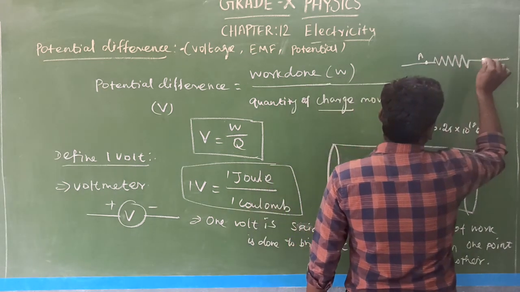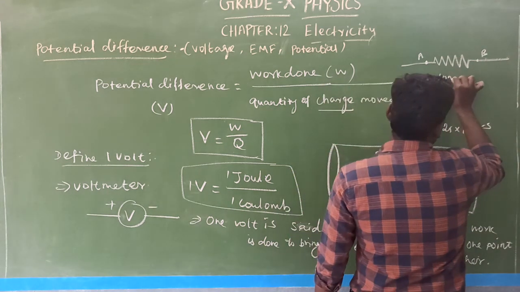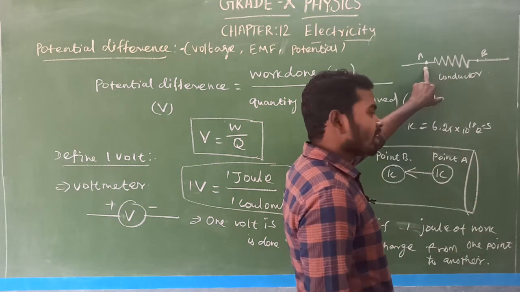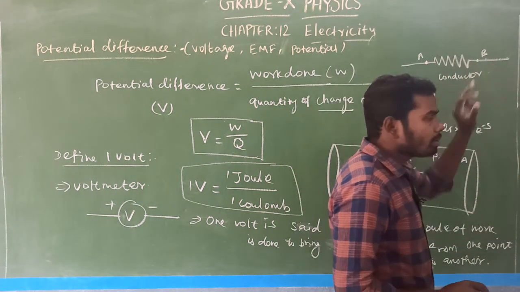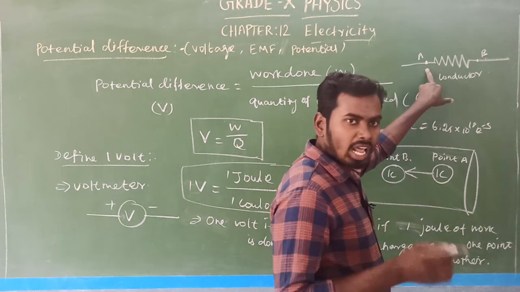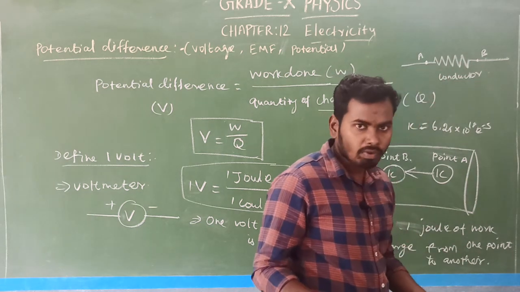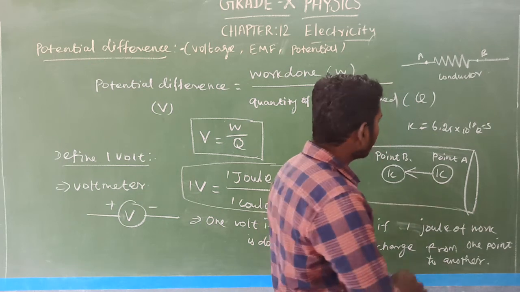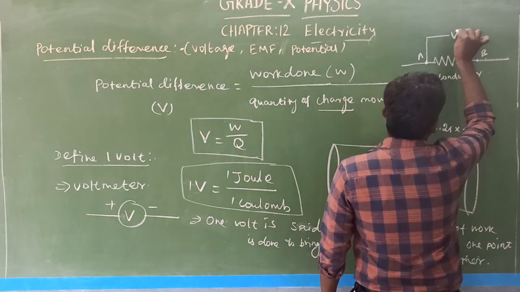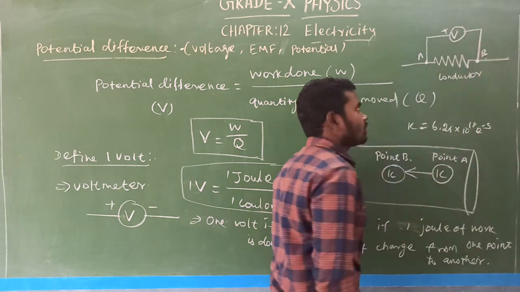This is point A, terminal A, and this is terminal B. Point A is one terminal of the conductor and point B is another terminal. At point A there will be one potential and at point B a different potential, that is called the potential difference.